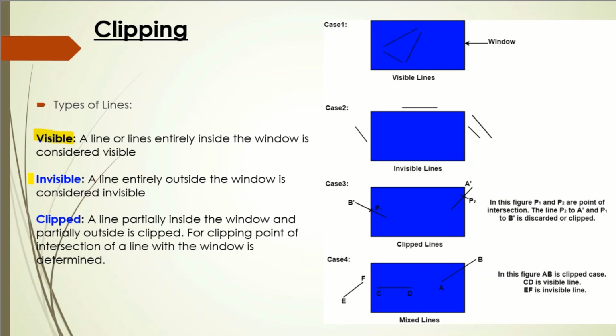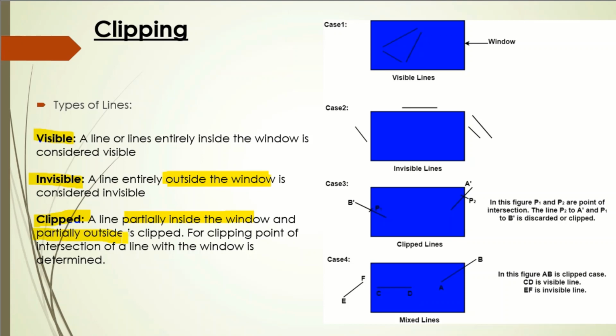It will be considered as an invisible line if a line is entirely outside the window. It's invisible when a line is totally outside the window. And we need to perform clipping if a line is partially inside and partially outside.